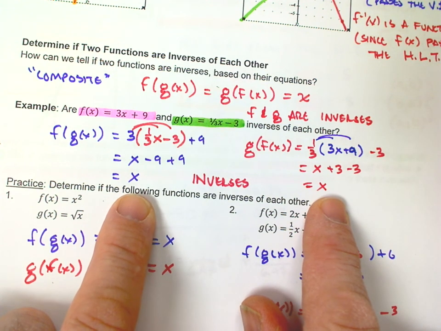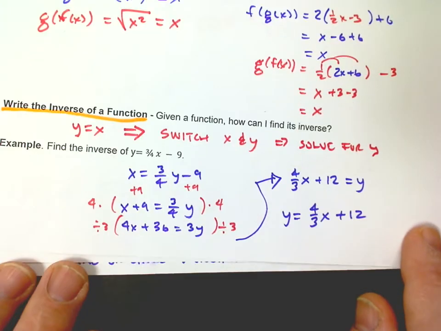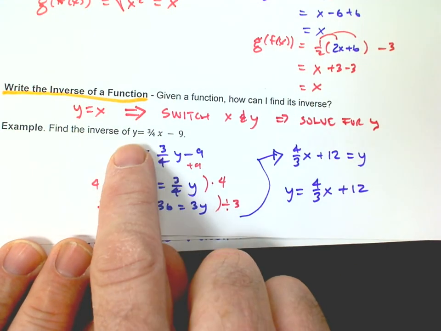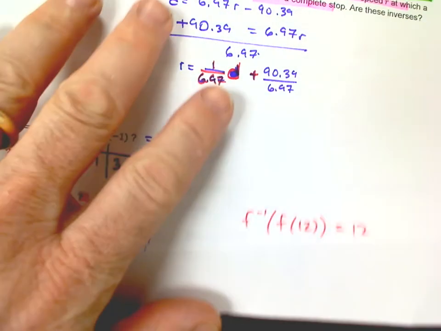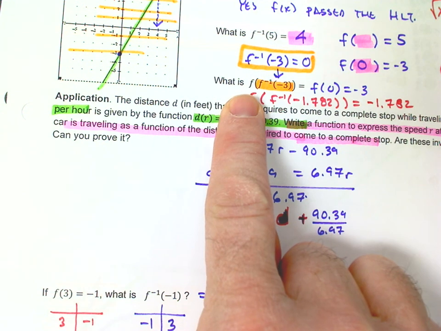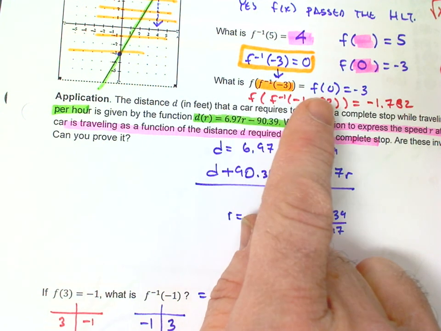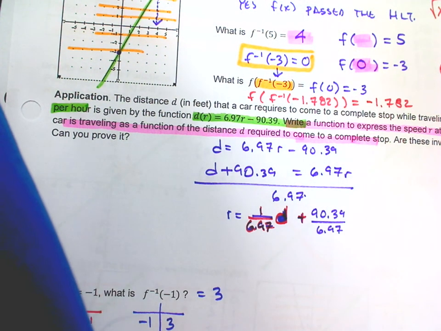If I get anything else, they are not inverses. Okay? And I can write an inverse by just switching the x's and y's and doing the algebra to solve for y. And finally, that whole idea of inverse substituted back into the original function will give me whatever I started out with. All right. I think we're done for the day.